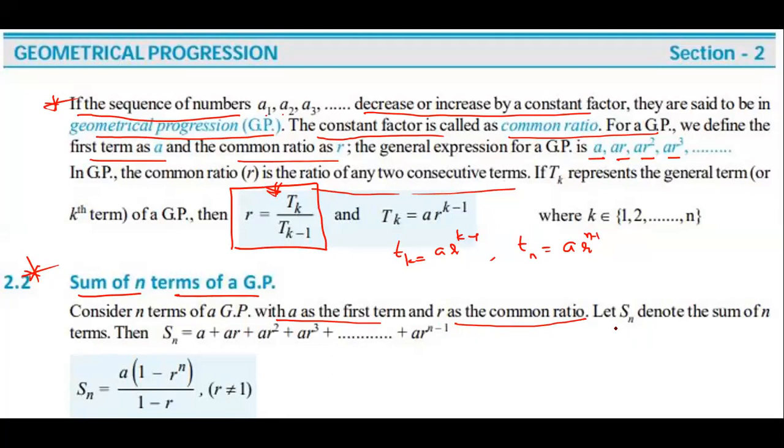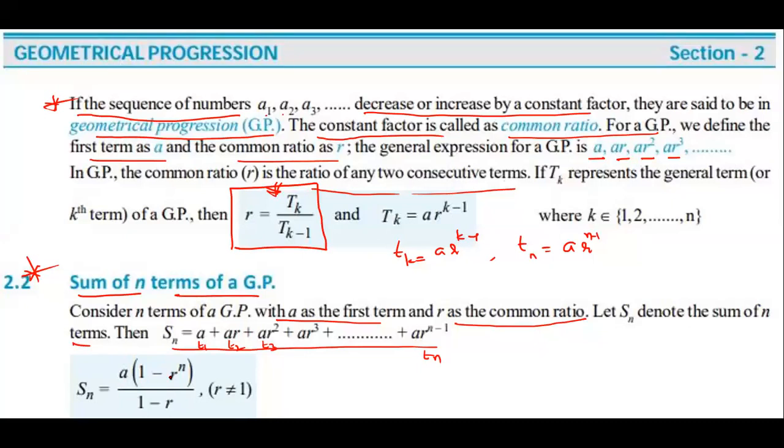The concept is very important. These are the basics, the fundamentals I'm giving. Sn is the sum of n terms. How many terms are there? These are T1, T2, T3, T4, and so on, Tn. So for the sum of these n terms, what is the formula?